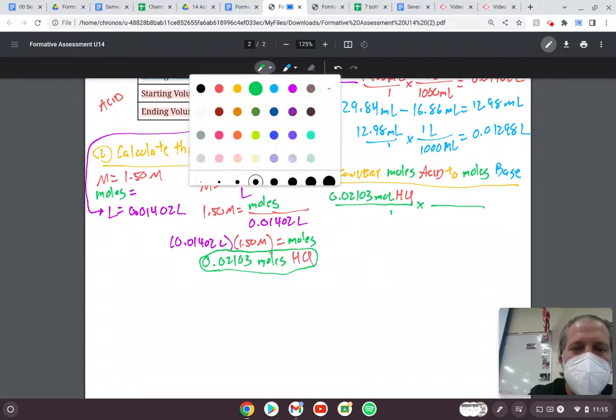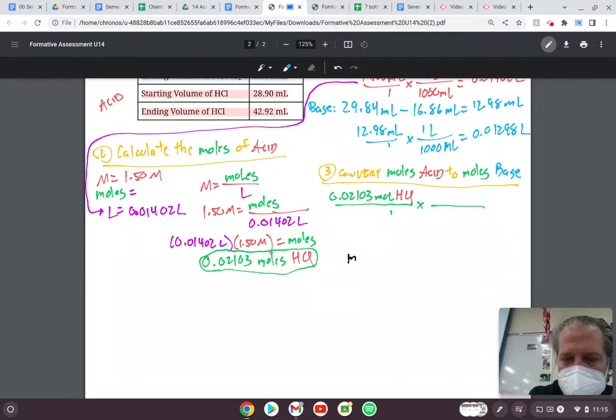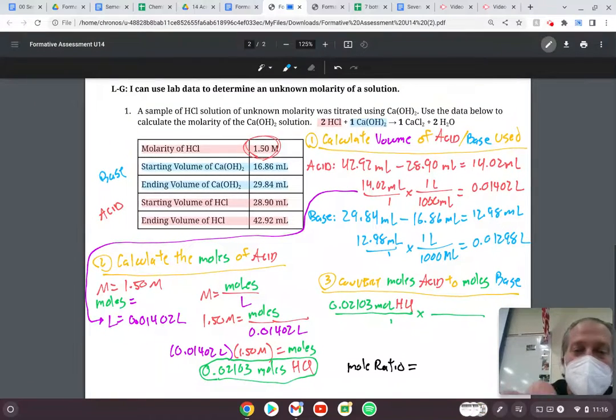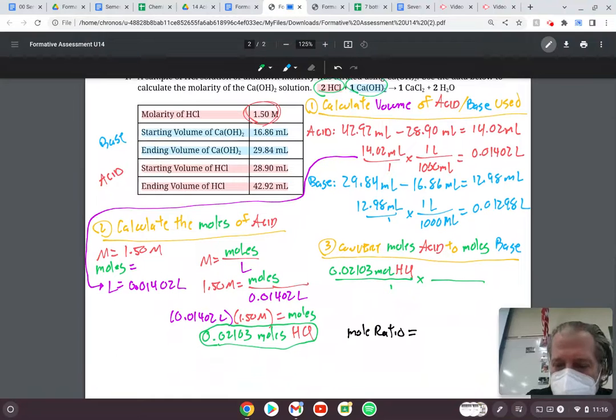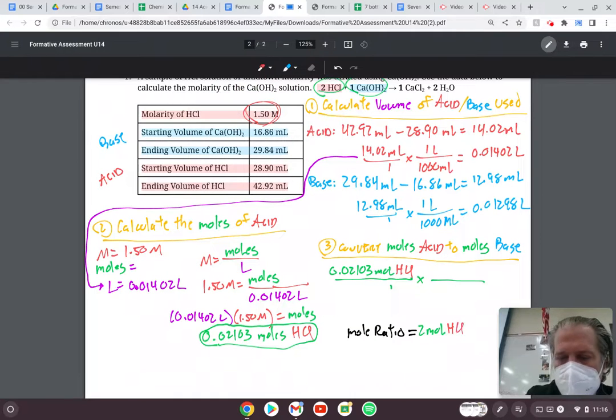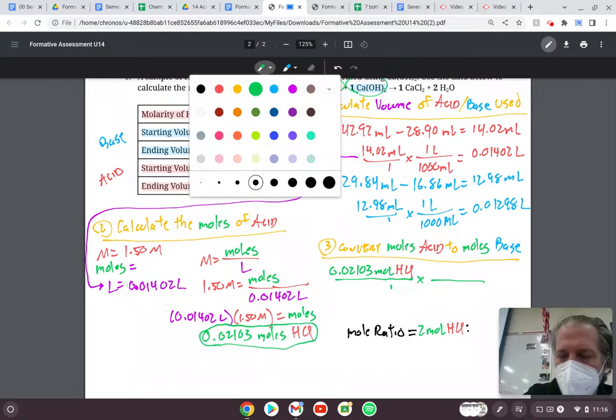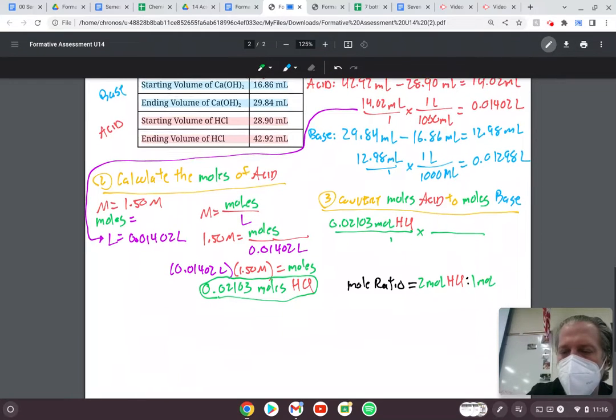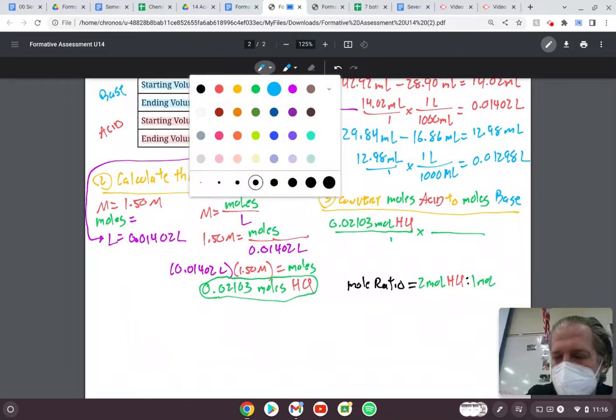Now I need to determine my mole ratio. If I go back up to my balanced chemical equation, I see that 2 moles of my acid is equal to 1 mole of my base. So I'm going to record that it's 2 moles of HCl for every 1 mole of my calcium hydroxide, which is my base.